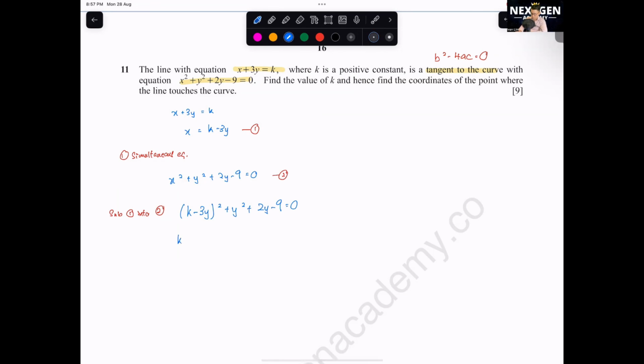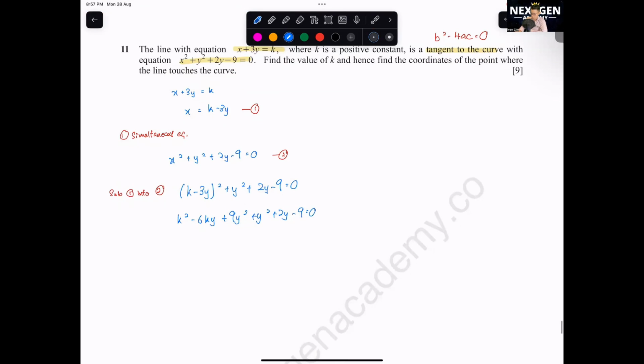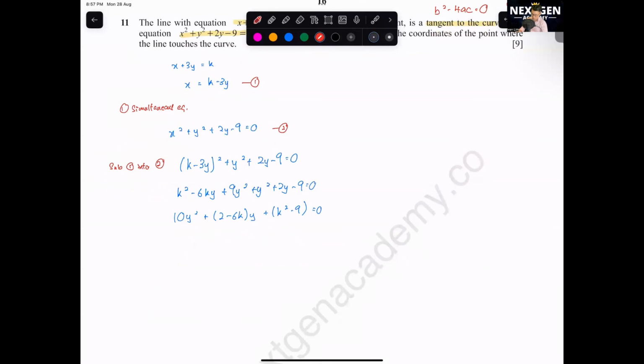Slowly open it up: k squared minus 6ky plus 9y squared plus y squared plus 2y minus 9 equals 0. That is 10y squared plus (2 minus 6k)y plus k squared minus 9 equals 0. We need to put it into the form ay squared plus by plus c equals 0 and find our a, b and c. So this one is a, this is b, this is c.